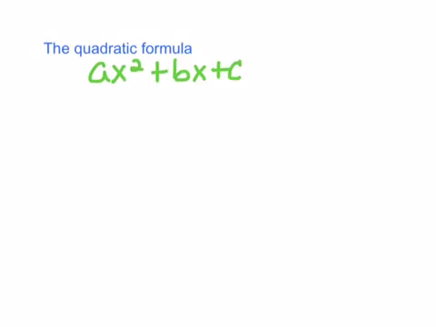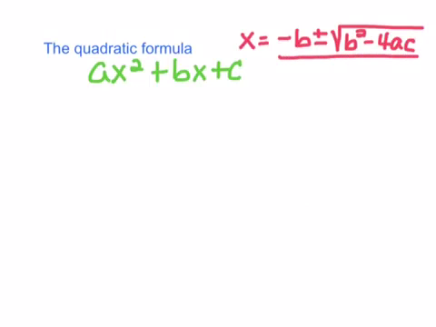The quadratic formula is x is equal to the opposite of b plus or minus the square root of b squared minus 4ac, all of that divided by 2a.